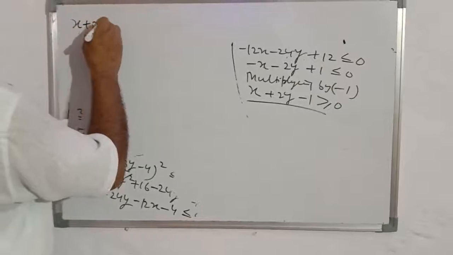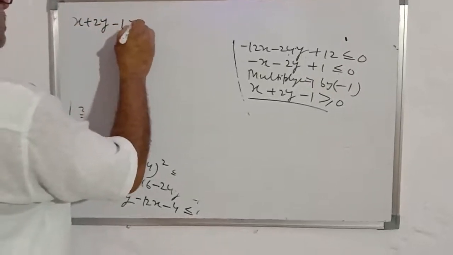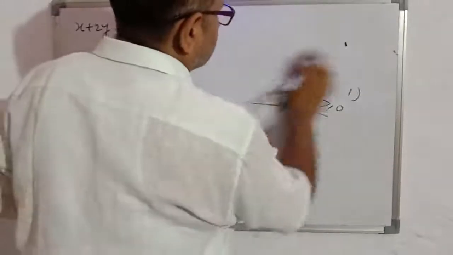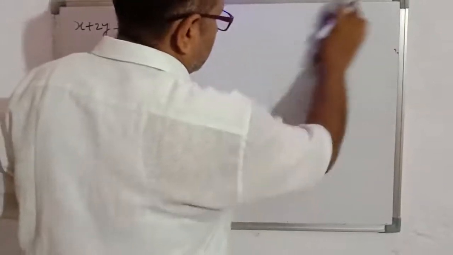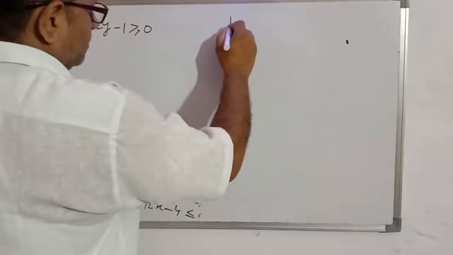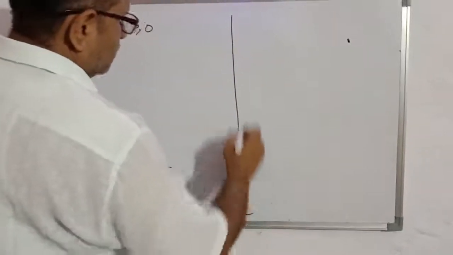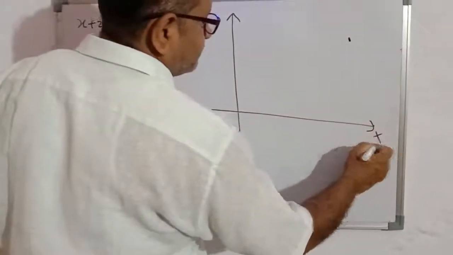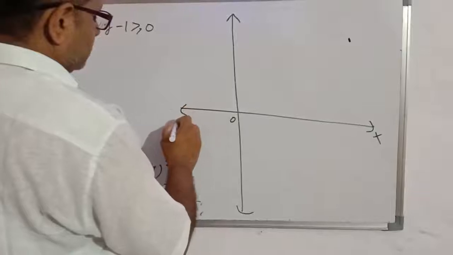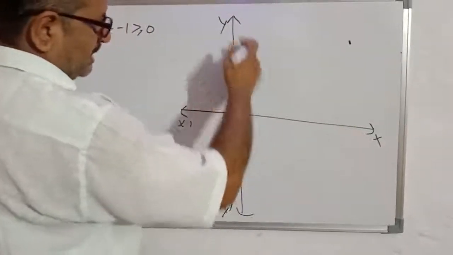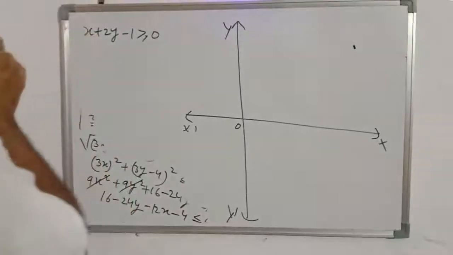x plus 2y minus 1 greater or equal to 0. We will make the y-axis and x-axis lines. The x-axis is the real axis, and the y-axis is the imaginary axis.